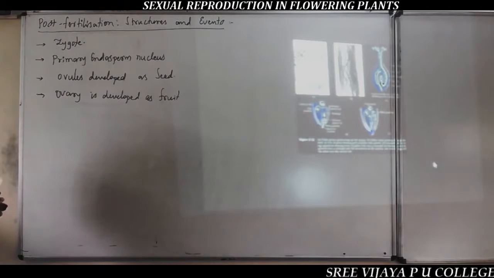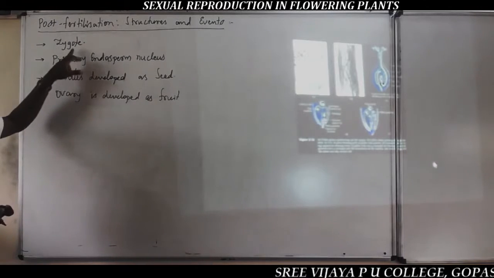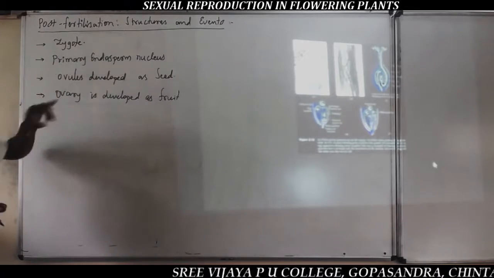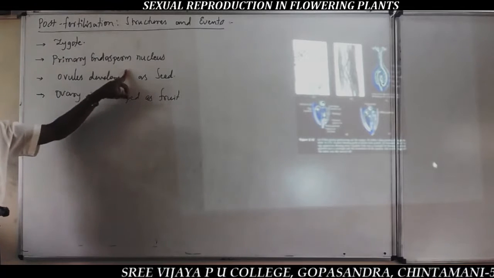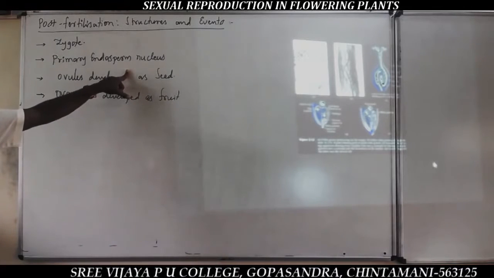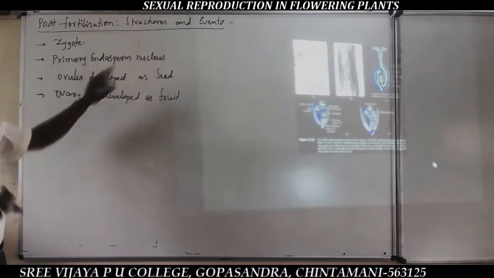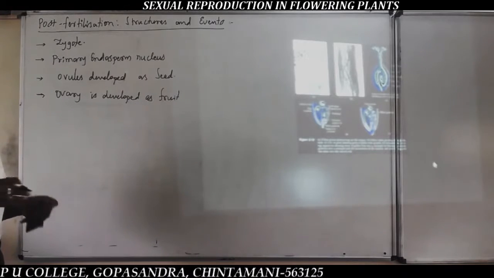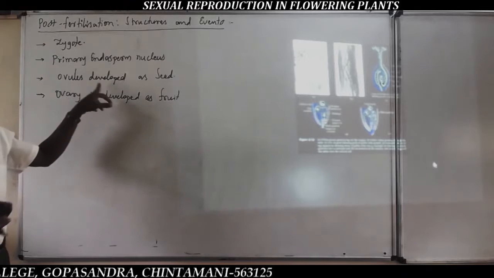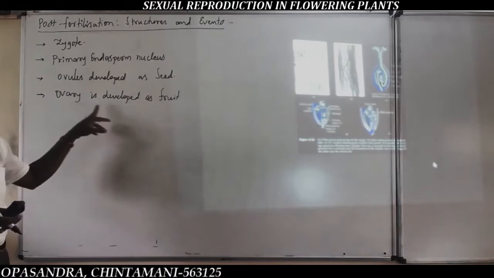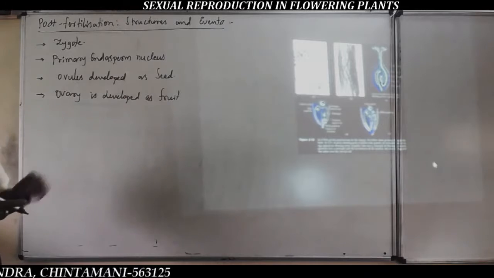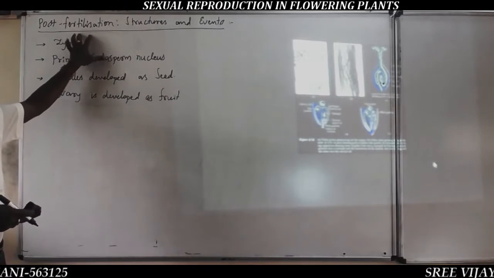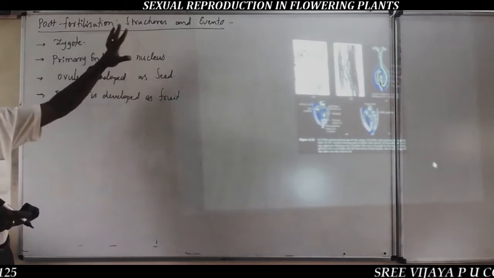After fertilization, the zygote is formed by syngamy, and the primary endosperm nucleus is formed, which is triploid, by triple fusion. The ovule develops as seed and the ovary develops as fruit. These are all events which come under post-fertilization structures and events.